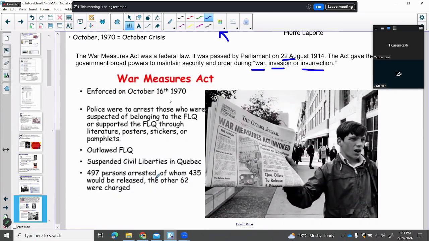Basically, the War Measures Act outlawed the FLQ. It did suspend civil liberties in Quebec. 497 people were arrested, of whom 435 would be released, and the other 62 were charged.